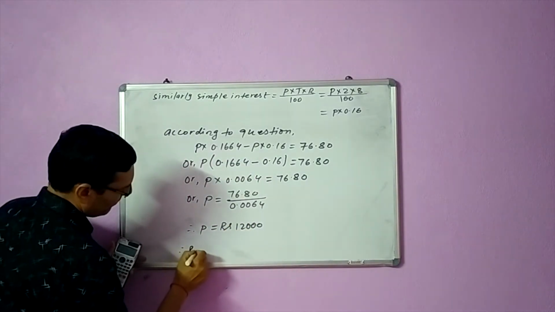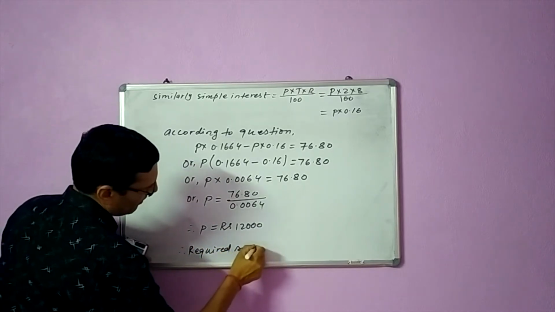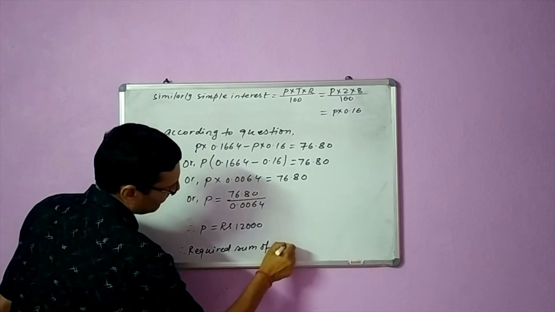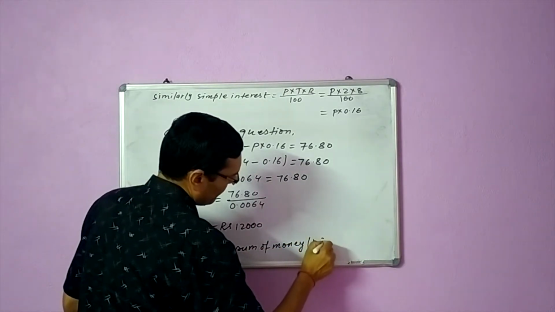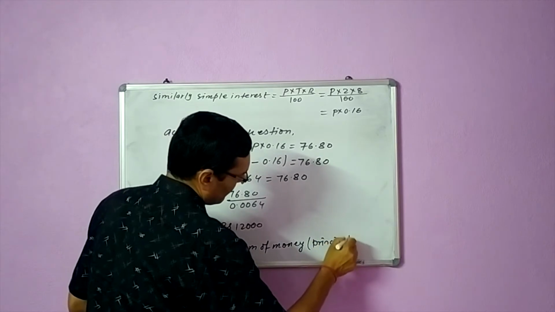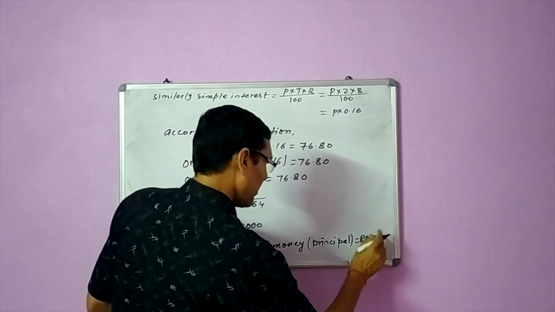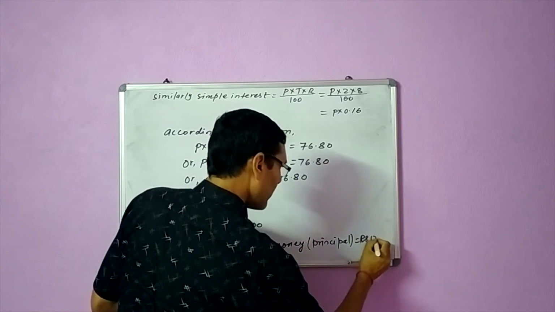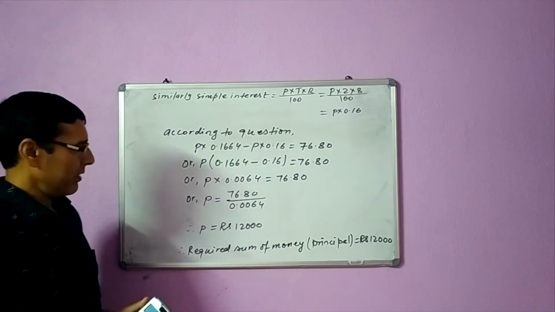Therefore, the required sum of money, that is the principal here, is equal to rupees 12,000. This is the required answer.